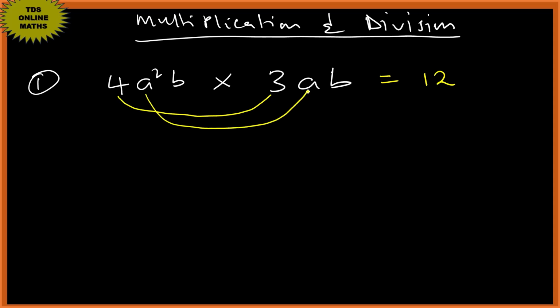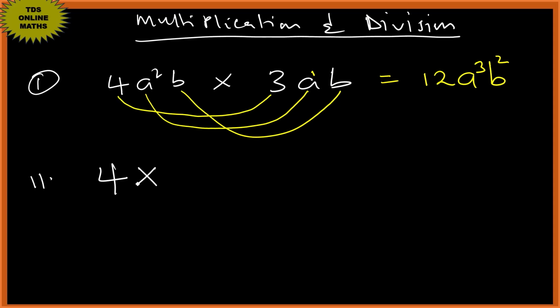So a squared times a, remember the power here is 1, so if you multiply and the bases are equal, just add the powers. So we have a to the power 3, and go ahead and multiply the b. So we have b to the power 1 plus 1, b squared. So that is what we are going to do.